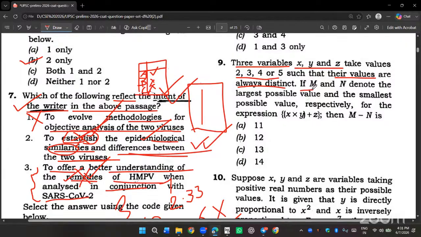Then, if m and n denote the largest possible value and the smallest possible value respectively for this expression, then m minus n is equal to what? Simple question. Again, an algebraic expression. That is why we tell students to go through basic mathematics. At this age, when you go through that, you will easily remember it.